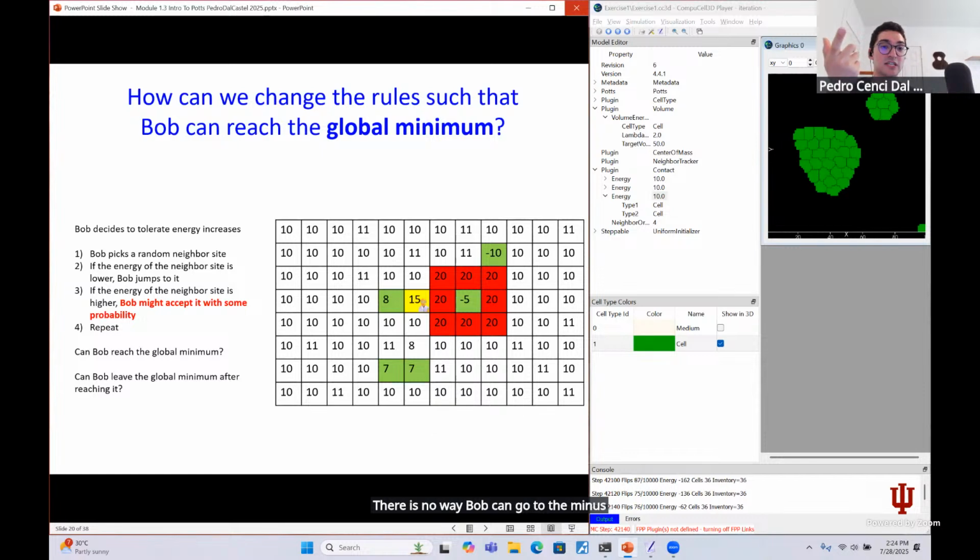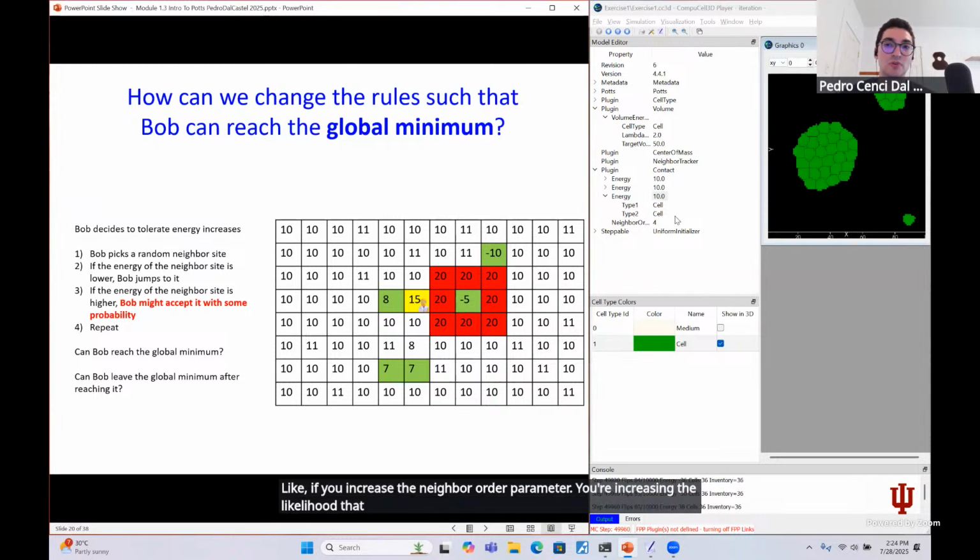And Clara suggested if we increase the range which Bob can see, then Bob may be able to get to the -5. It's more or less like this. If you increase the range that cells can sense each other, like if you increase the neighbor order parameter, you're increasing the likelihood that these cells will come back together.